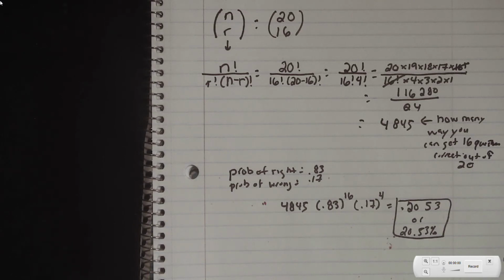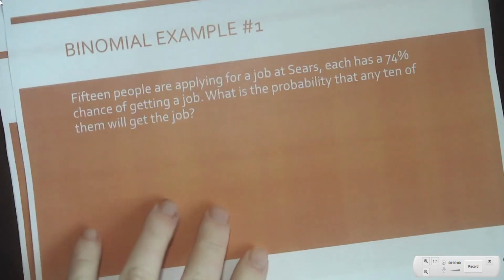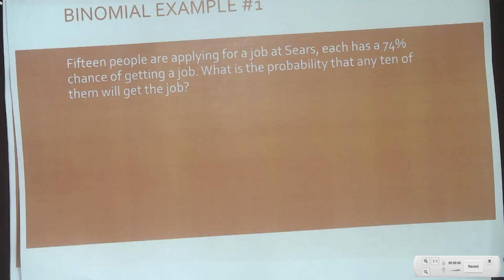Let's look at a couple more examples like this. So binomial example number 1. 15 people are applying for a job at Sears. Each has a 74% chance of getting a job. What is the probability that any 10 of them will get the job?